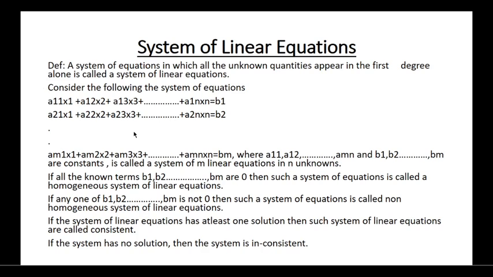It contains one, two, or many solutions. The set of all solutions of the system is called the solution set, or the general solution of the system of equations. If the system of linear equations has at least one solution, that means the solution set is non-empty.